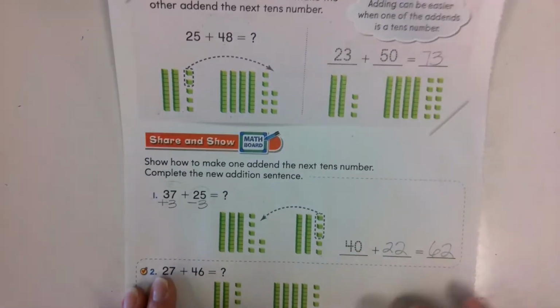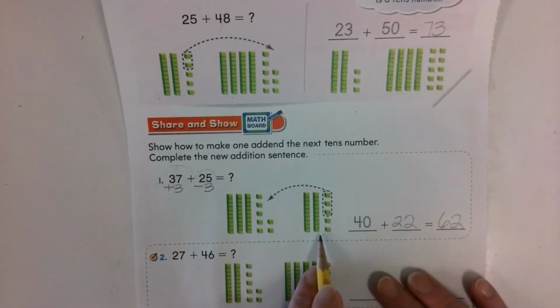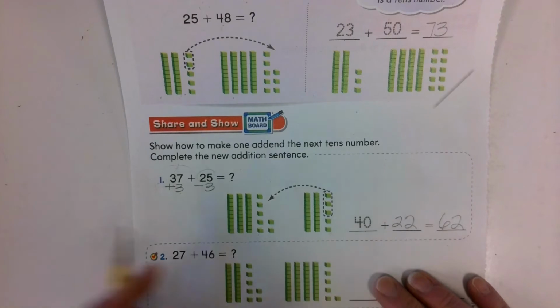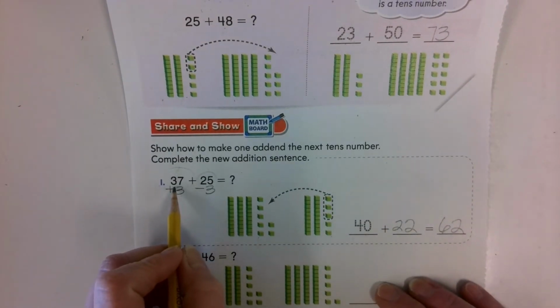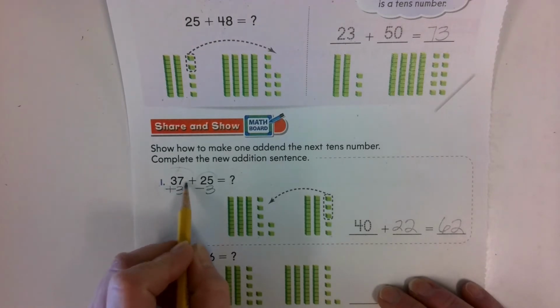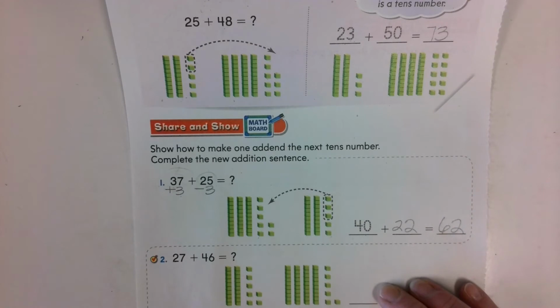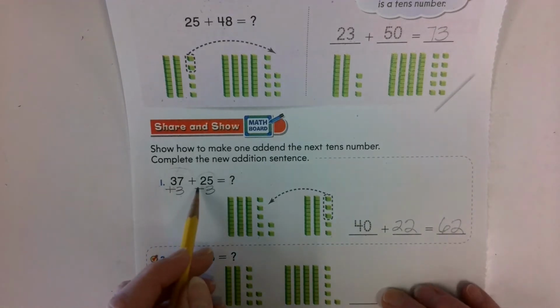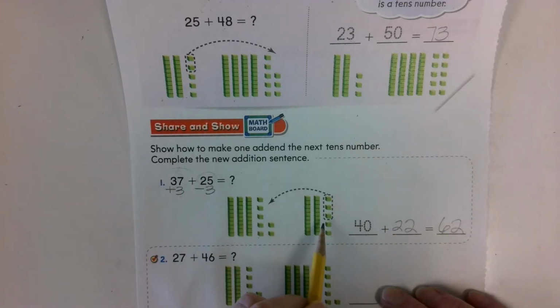On number 1, here we have 37 and 25. And we decided 37 was the closest to the next 10 up because it's close to 40. So 37 goes to 25 and says, oh, 25, I really want to be a 40. Can I have 3 of you? And 25 says, sure.